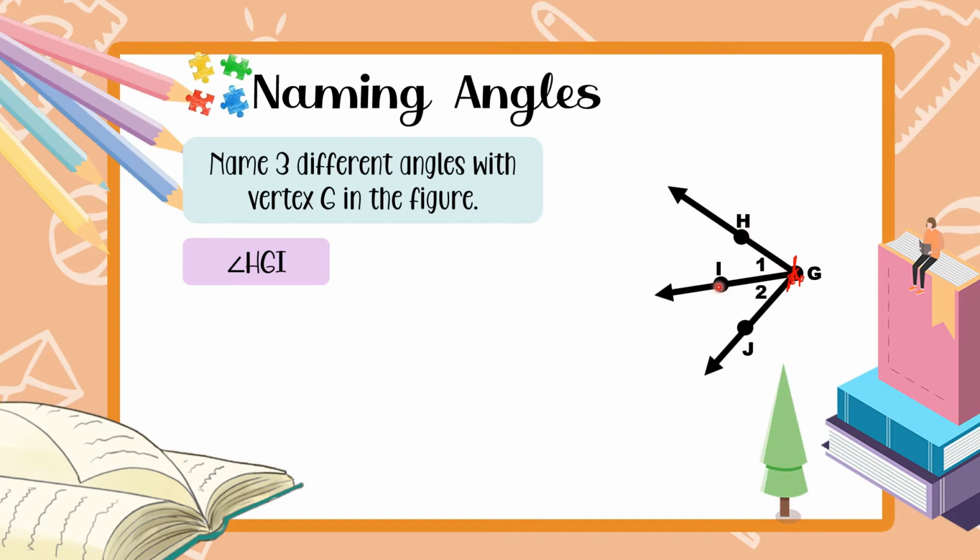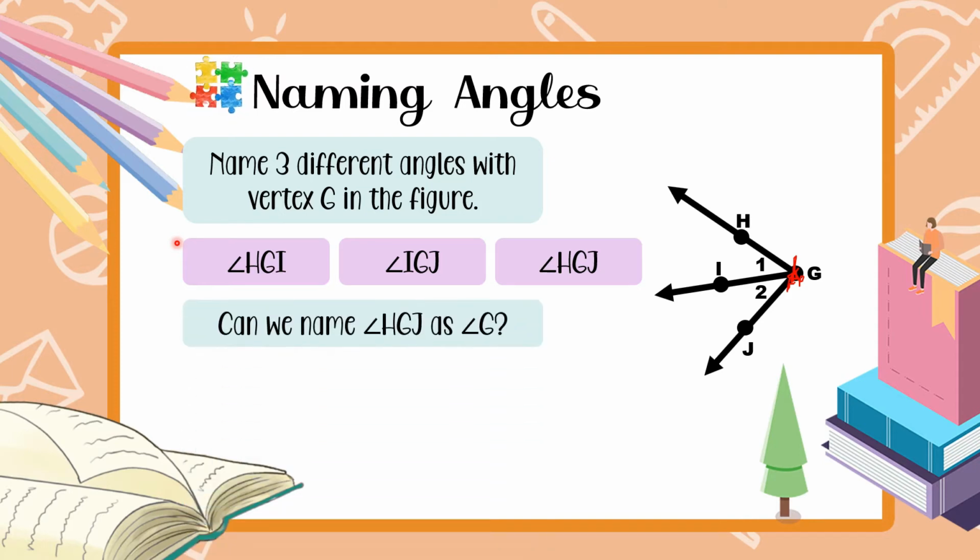Next, we have angle IGJ. And lastly, we have angle HGJ. So, yan yung ating tatlong angles na meron dito.